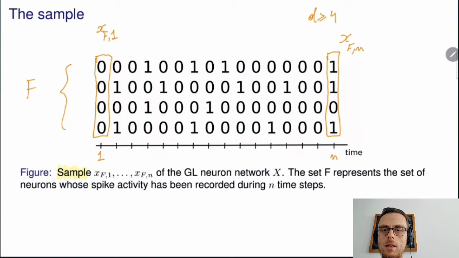Our sample can be thought of as this matrix of zeros and ones where we have n columns and, more precisely, cardinal of F rows. Okay? So this is the sample that we have access to.